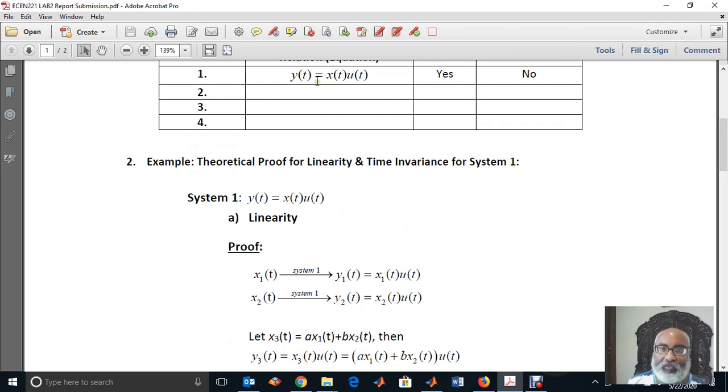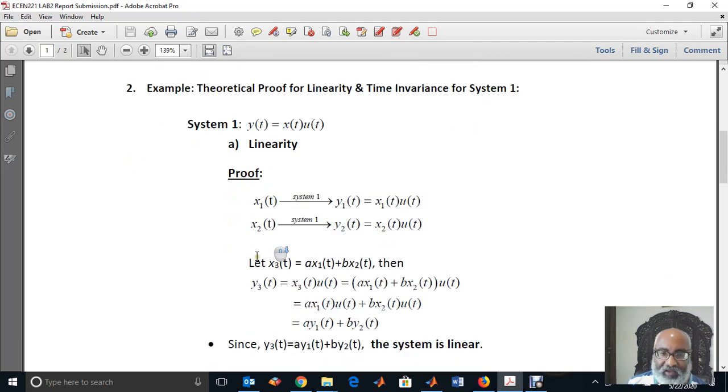At the output, y of t is equal to x of t times the unit step function u of t, so the part of the signal before 0 will be 0. If I give x1 of t, the output is y1 of t equal to x1 of t times u of t. If I give the input x2 of t, then y2 of t is equal to x2 of t times u of t.